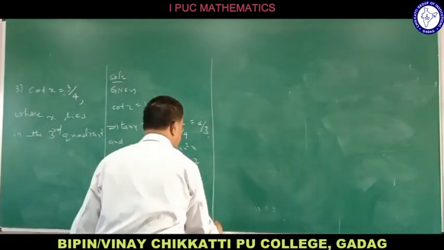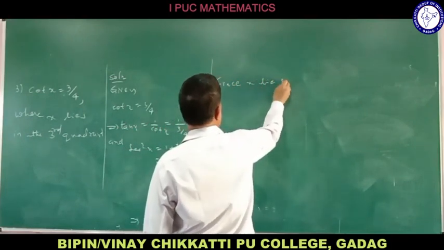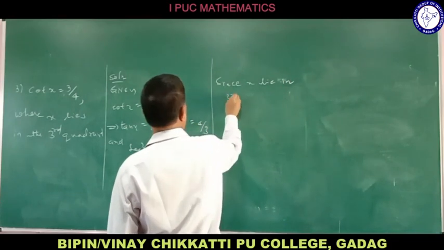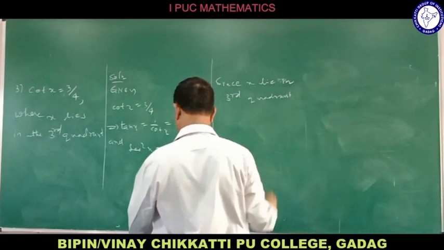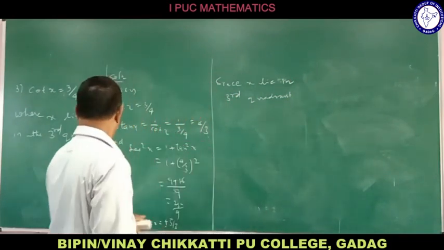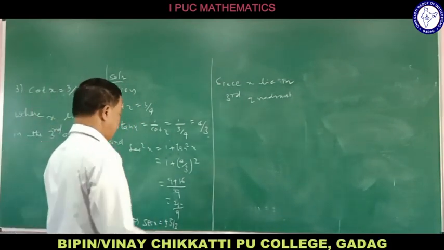Now you try to understand, since x lies in which quadrant? Third quadrant. And what about sec in the third quadrant? In the third quadrant, you see that only tan and cot are positive. So sec x is negative.